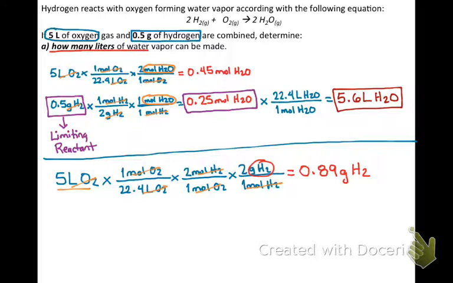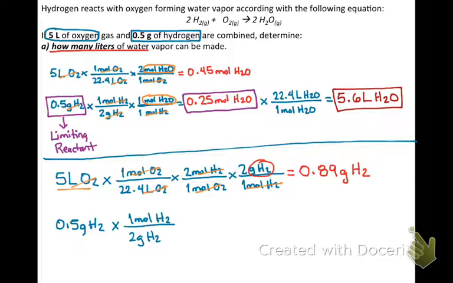Now I start with the 0.5 grams of hydrogen, and I need to transform them into liters of oxygen to be able to compare with the amount I have. So I transform first the grams into moles. I have 2 grams of hydrogen, that is 1 mole.